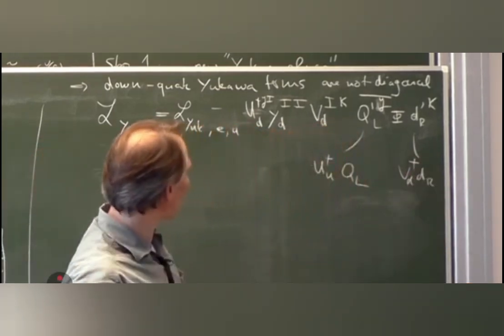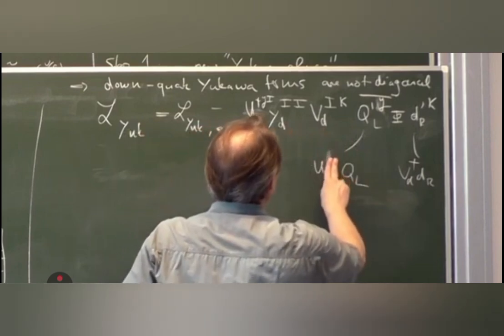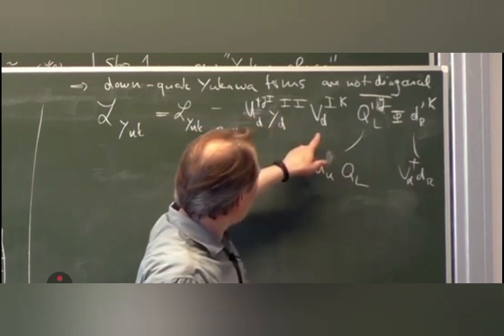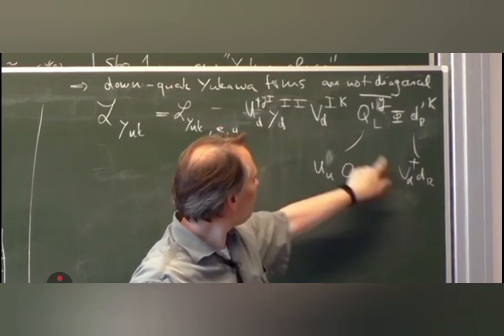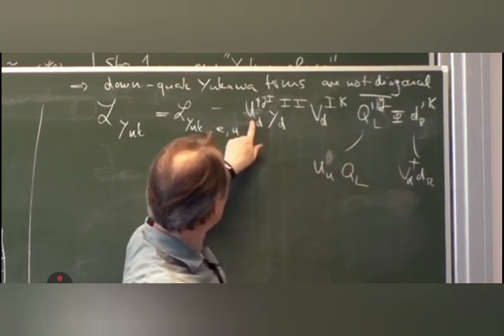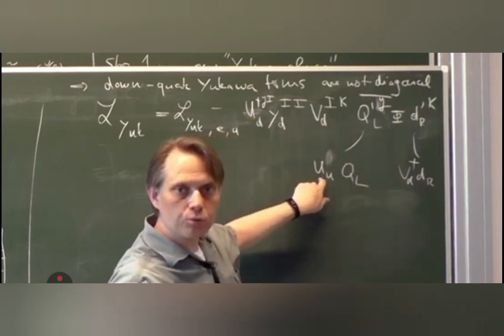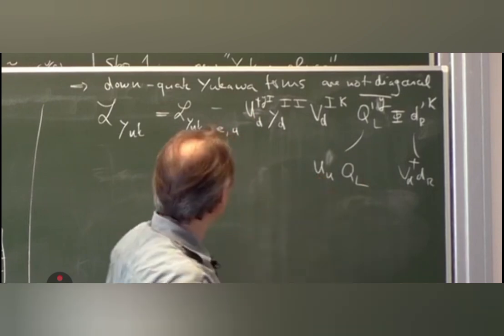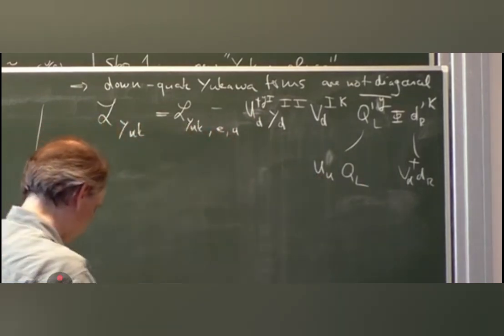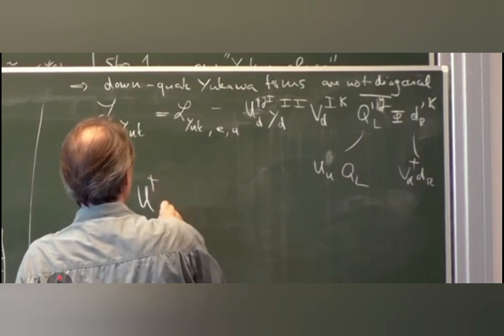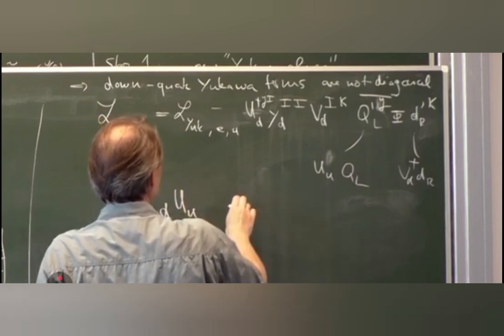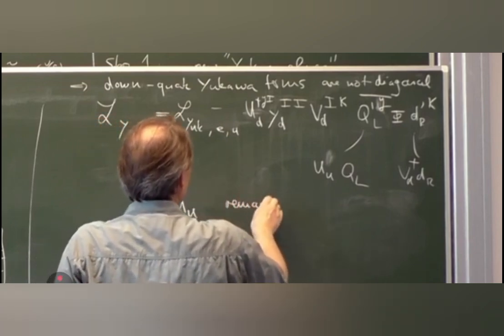Then you see that the matrices do not cancel. So if we plug in the definition, then the V_d and V_d dagger would cancel, but the U_d dagger and U_u, that does not cancel. So this remains. The product U_d times U_u remains.